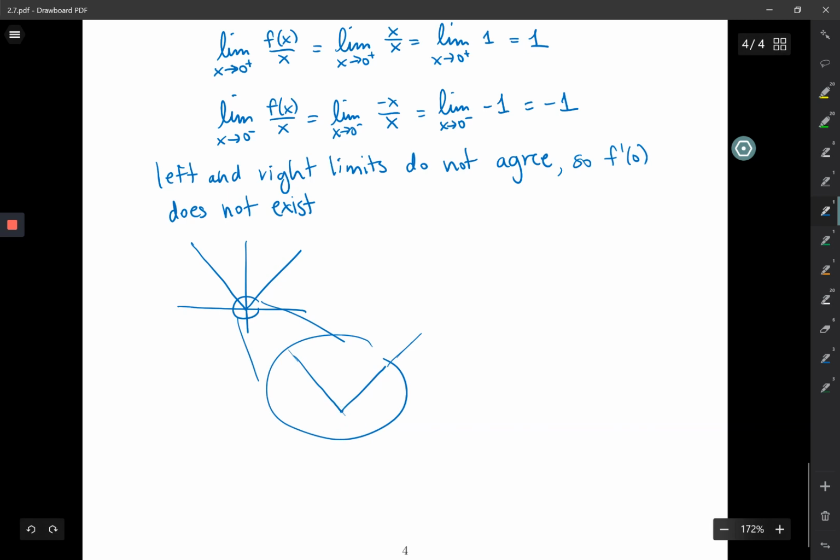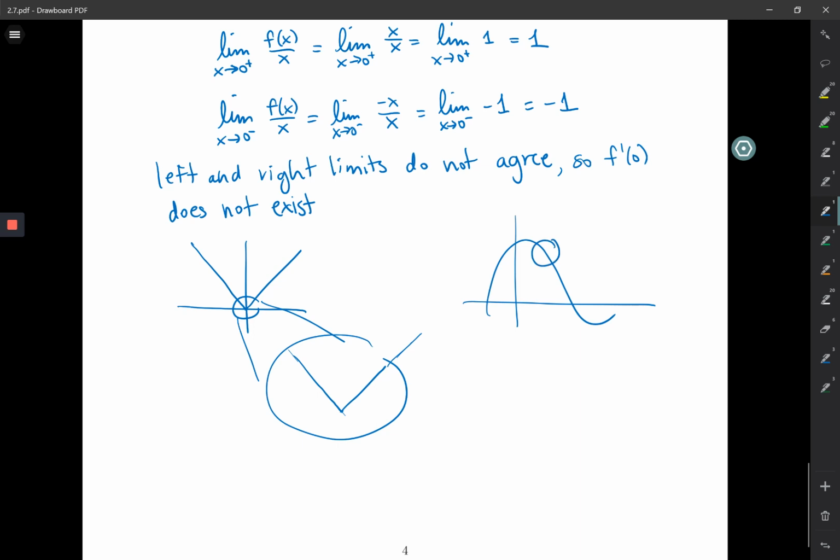Okay, so hopefully that's clear. Another thing is that if a function has a derivative at a point, the idea is that the function is smooth, so it doesn't have any corners like this.